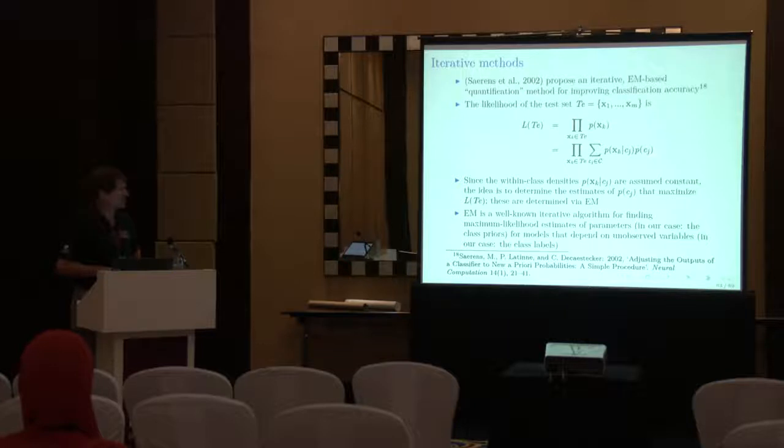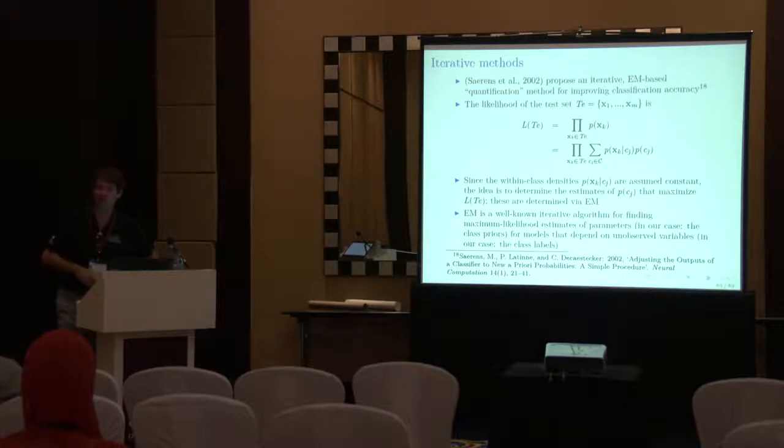Again, you see that the probability of the class is something that we want to estimate. These are the so-called within-class densities, which are assumed constant in the training set and test set. So the idea of this method is to determine the estimates of the class probabilities that maximize the likelihood of the test set.